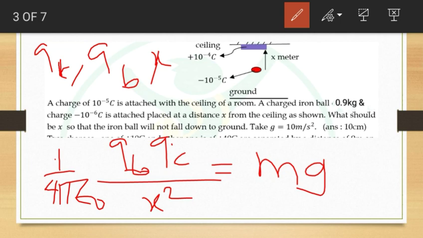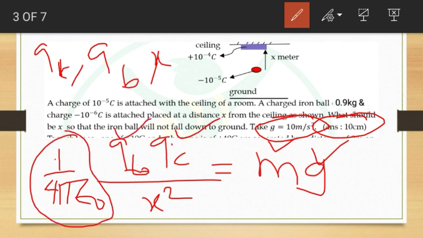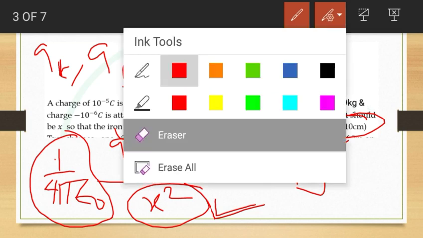We know the value of m, and we know the value of g, which is given as 10 meter per second square. We already know qb and qc, and now we shall find out x. The only thing that we do not know is x, so by substituting we can easily get this.